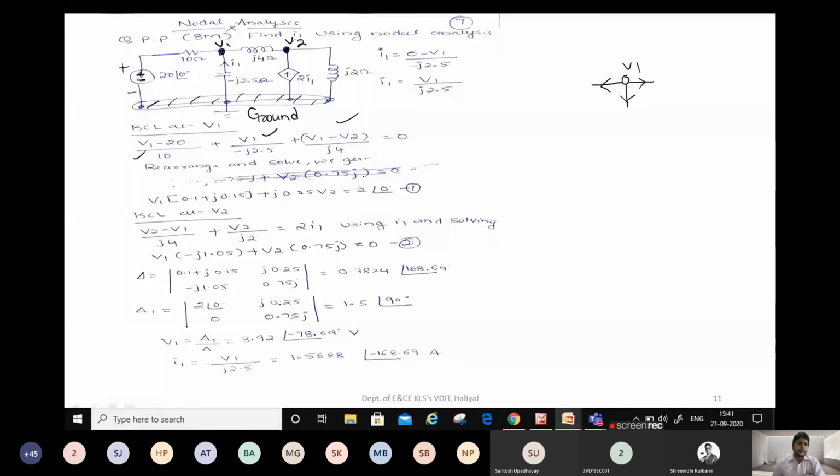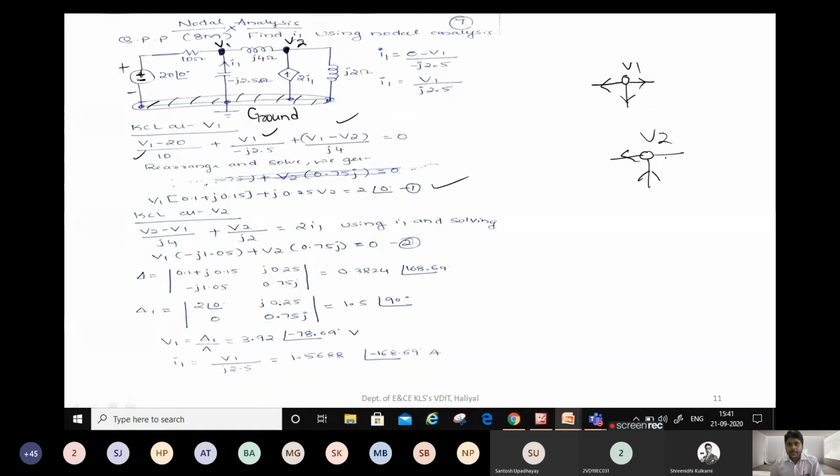So this you have to write first. Then, if you rearrange the terms, you will get this equation. Then if you apply KCL at V2, we find that again it has three branches associated with it. Out of that, one current source is already given like this, so don't assume an outgoing current for this branch.